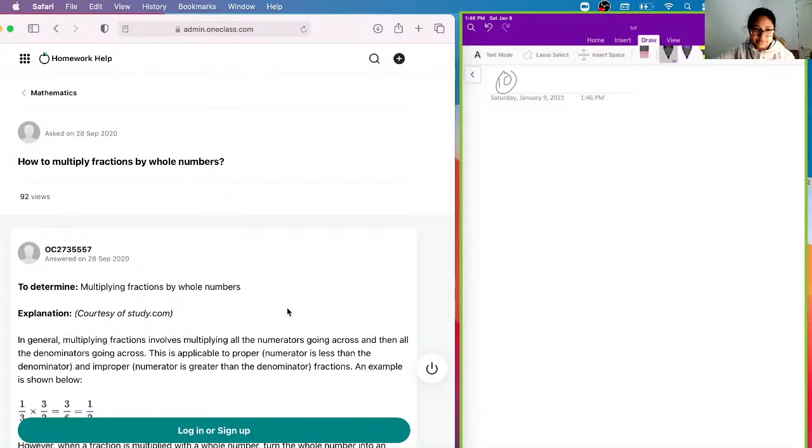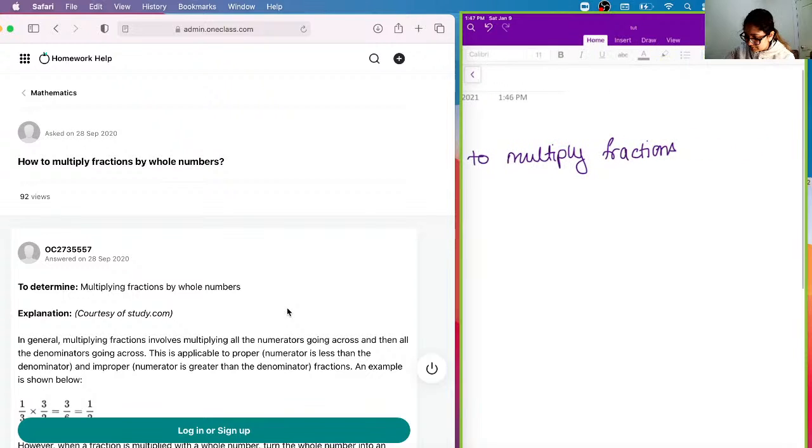Okay, our next question says how to multiply fractions by whole numbers. So I'll just write the question here: how to multiply fractions by whole numbers.